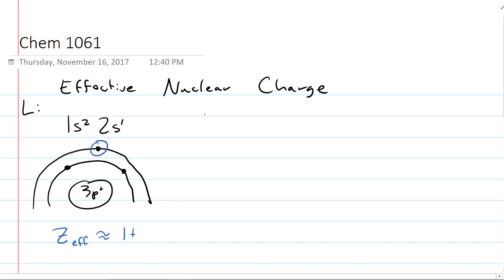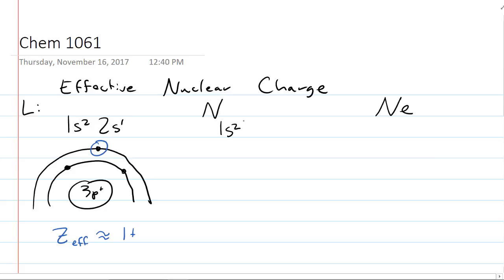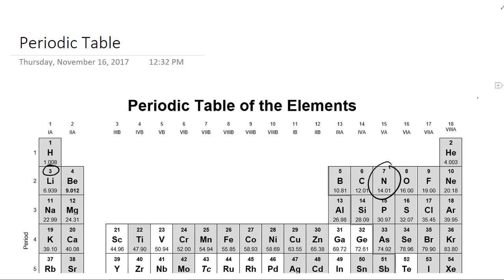If we went on to something like nitrogen, and then we're going to look at neon. If we write out the electron configurations for these 2, for nitrogen, we would write it out as 1s2, followed by 2s2. And the configuration of nitrogen should end with 2p3.